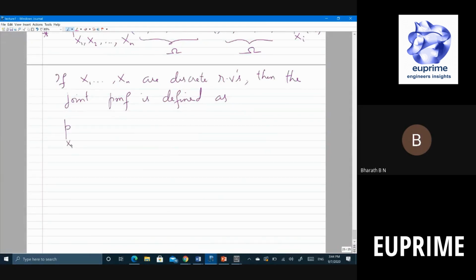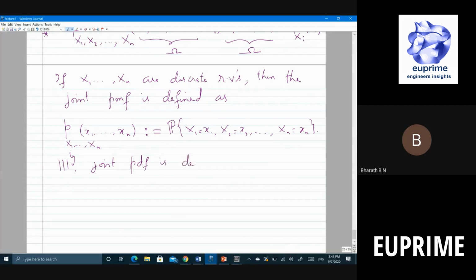It will be P of x1 through xn, which is defined as the probability of X1 equal to x1, X2 equal to x2, and Xn equal to xn. This is simple, right? This is called the joint PDF. Sorry, joint PMF. Okay? Fine, right?